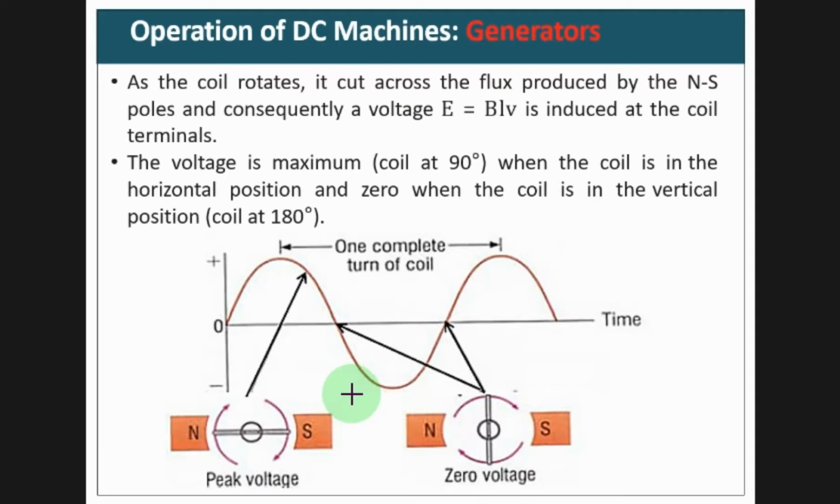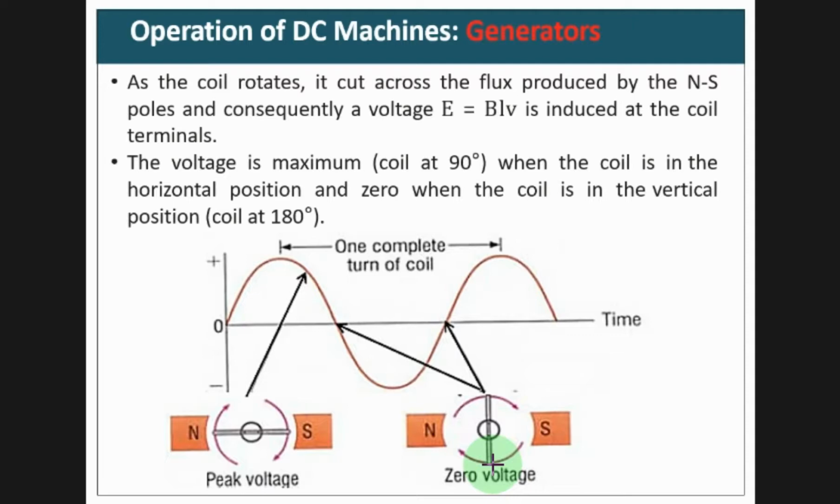At this position it cuts the maximum number of field lines, so the EMF generated is maximum at this position. But when it is rotating and then it comes to this location, at this point the conductor is moving parallel to the magnetic field.